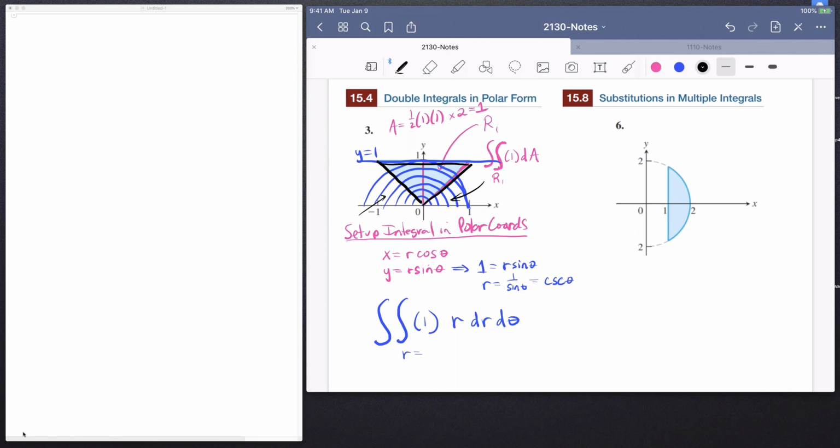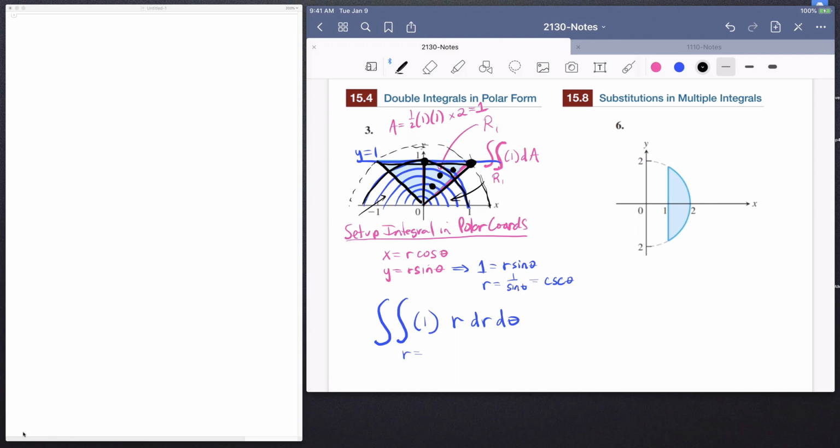If we're looking at this point here in the region, that point is on a circle of radius 1. But for this part of the region, we needed our circles to be of bigger radius. So any point in this region is on some circle of some radius.